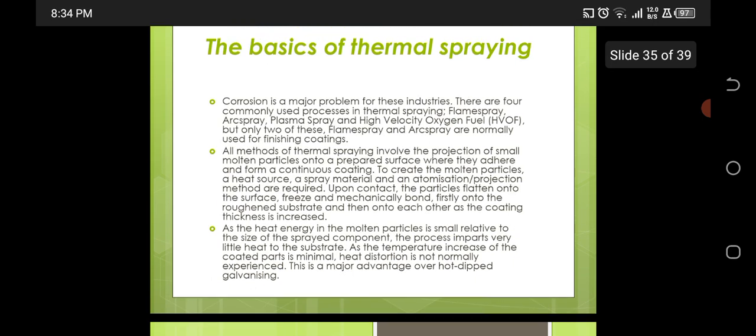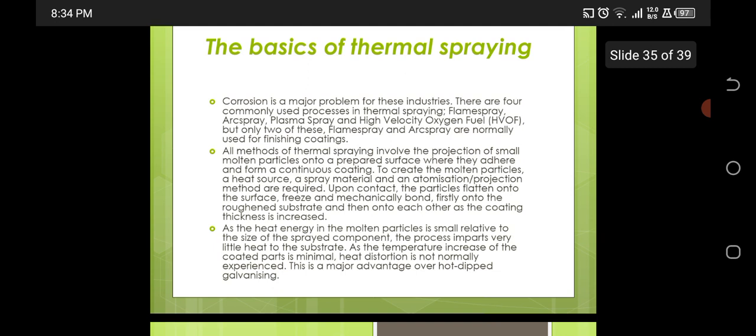Okay, the heat energy is the most important attribute of thermal spraying.